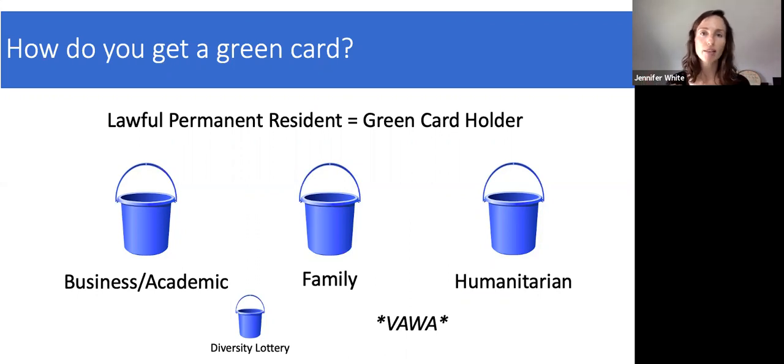I'm simplifying this a bit, but you can see how VAWA exists to level the playing field for the victim of abuse, so that she doesn't have to be so reliant on her husband and continue to endure abuse, so that she ultimately gets immigration status. There are different types of VAWA cases, but that is the classic VAWA example. So it's helpful to know about when you're screening clients.